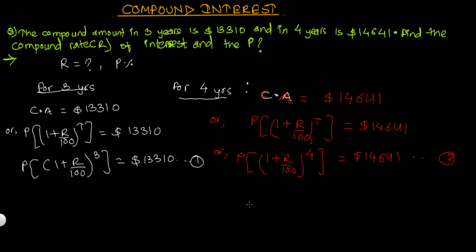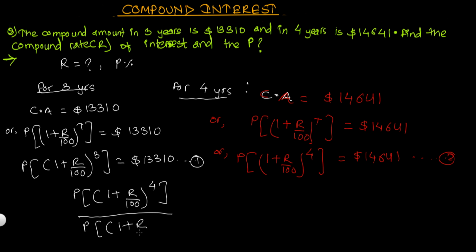On dividing equation 2 by equation 1, we would get P(1 plus R over 100) to the power 4, this is the left hand term of equation 2, over P(1 plus R over 100) to the power 3, equals our right hand side, $14,641 over $13,310.